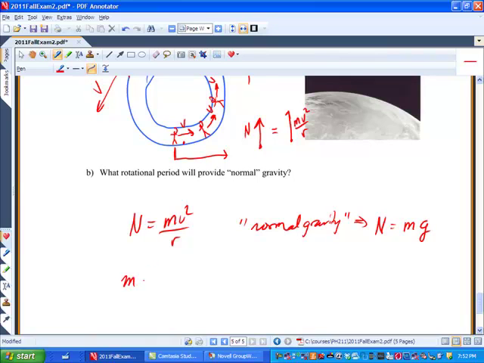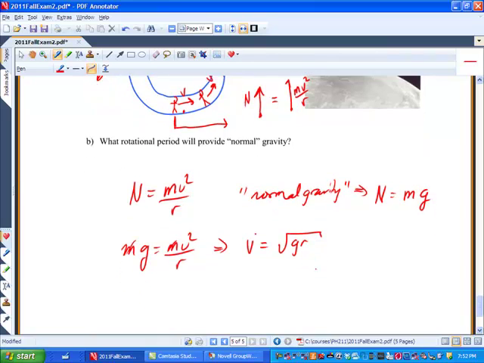So that means that we get mg is going to equal mv squared over r. The masses cancel out, and that means that my rotational speed has to be equal to the square root of gr.